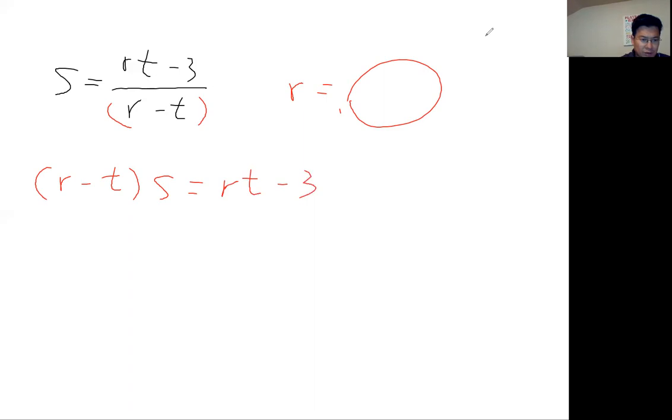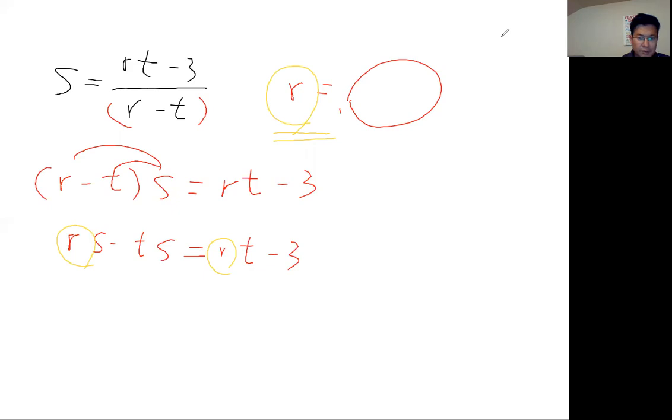And then we distribute this S. So RS minus TS equals RT minus 3. Since we have to make it R equals, we have R here, so we have to put the terms having R on one side and the other ones on the other side.